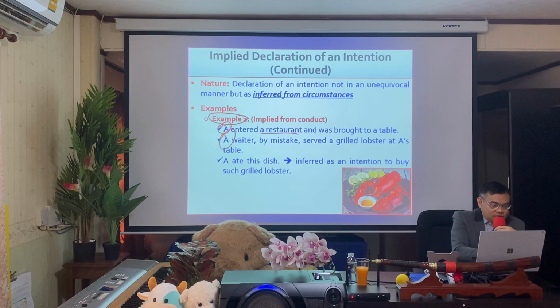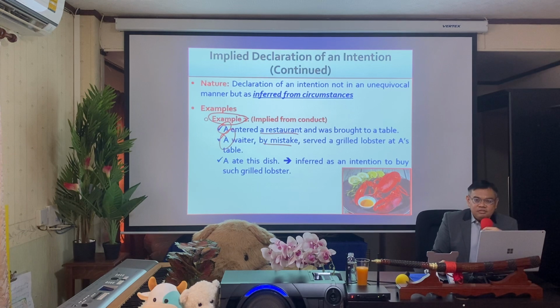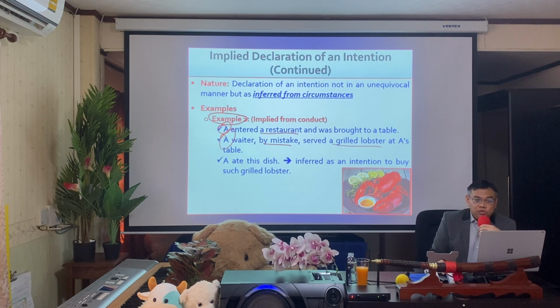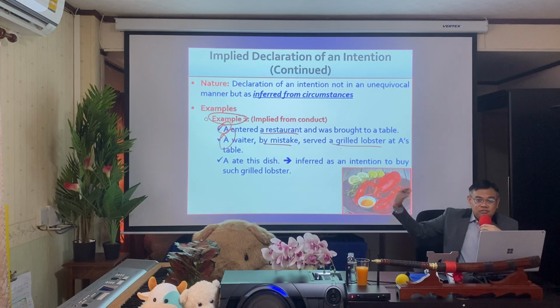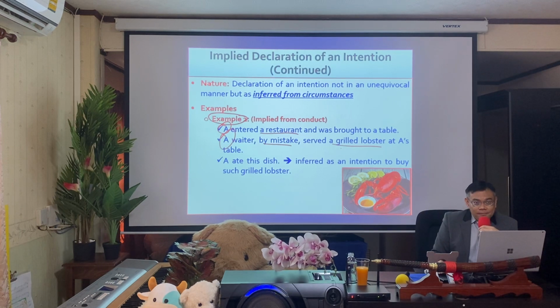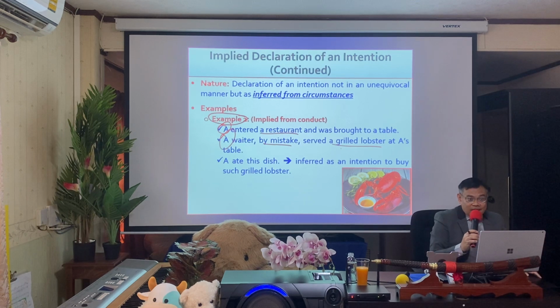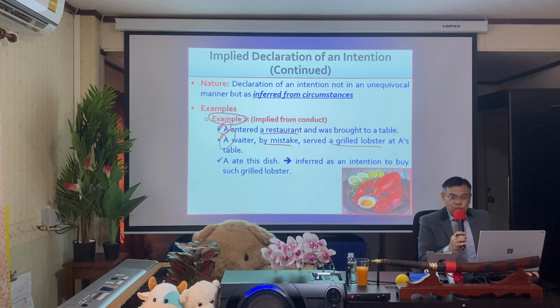The thing is that the waiter by mistake served the dish. Somebody else had ordered the grilled lobster, and the waiter brought the lobster to a wrong table. Rather than bringing this lobster to the table of the person who ordered it, the waiter brought this lobster to A's table. And at that time, even though A had not ordered anything yet, A felt very hungry.